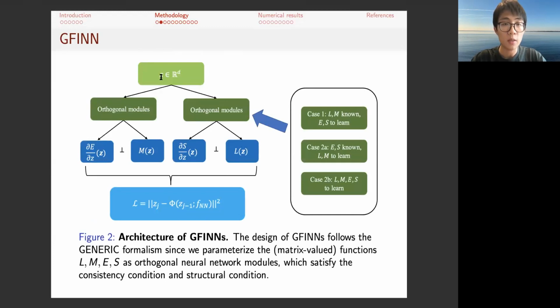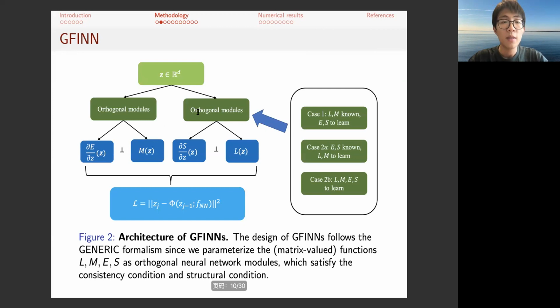We start from the data for z, which is a state variable, and we propose orthogonal modules through neural networks to parameterize dE/dz, M, dS/dz, and L. By our design of the neural network, we automatically ensure that dE/dz is orthogonal to M and dS/dz is orthogonal to L, meaning that dE/dz is in the kernel of M, and dS/dz is in the kernel of L. We design the loss function using the MSE loss, basically between z_j and the one-step integrator applied on z_{j-1}. And here are the three scenarios that we are considering.